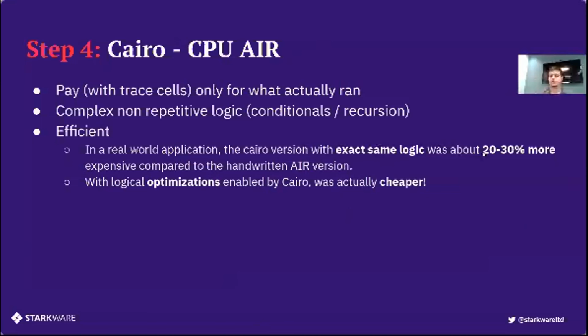So yeah, it was all only about 20 to 30% more expensive. However, the expressibility of Cairo lets us do some more complex logical optimizations, which we did, and it was actually a lot cheaper than the handwritten version. For example, in the Reddit demo, we managed to do 300,000 transactions in a single proof.